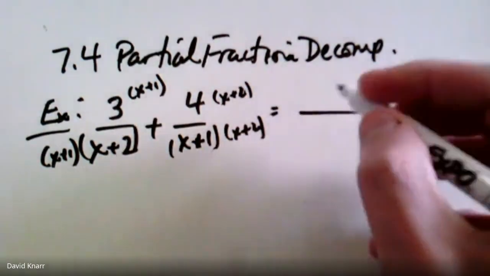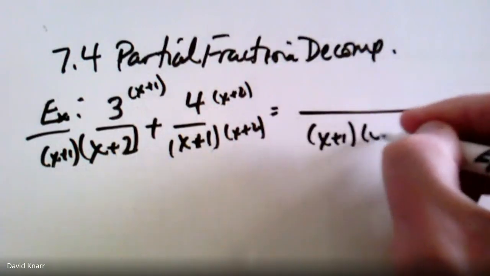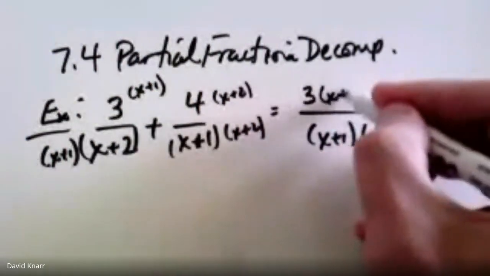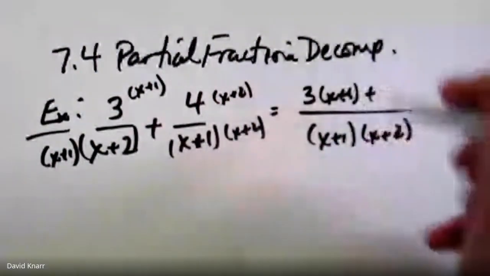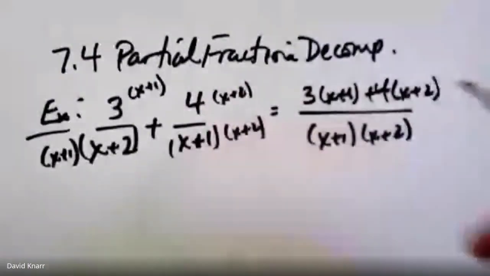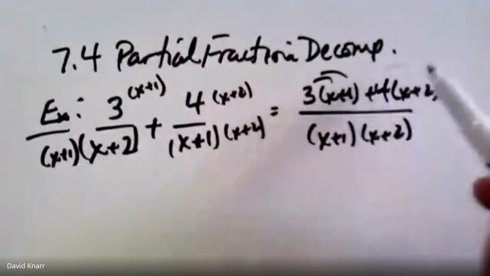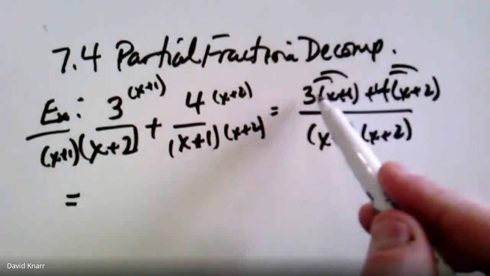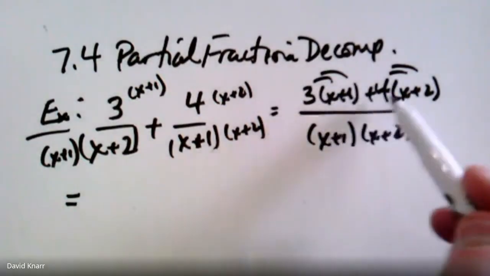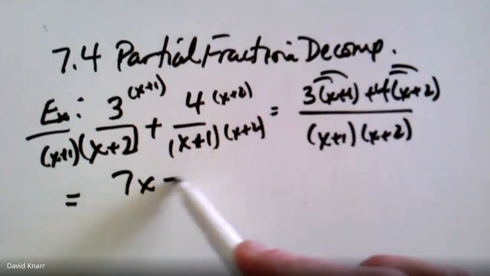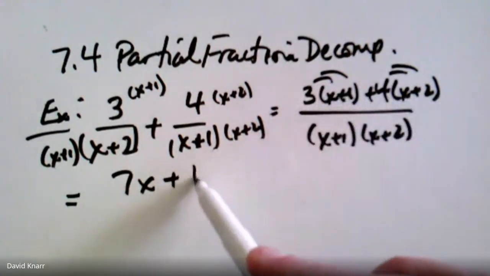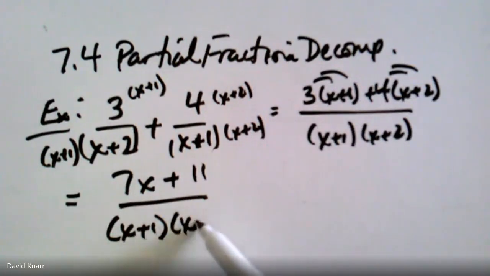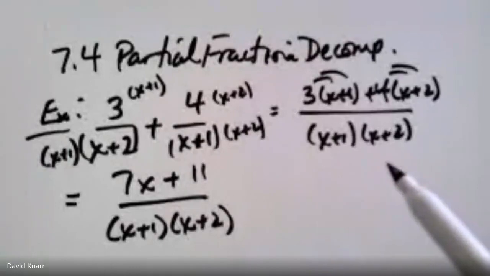So my common denominator will be x plus 1 times x plus 2. In the numerator, I'll have 3 times x plus 1 plus 4 times x plus 2. I can distribute across the top, and I'll get 3x and 4x is 7x, plus 3 and 8 is 11. So I get 7x plus 11 over x plus 1 times x plus 2.